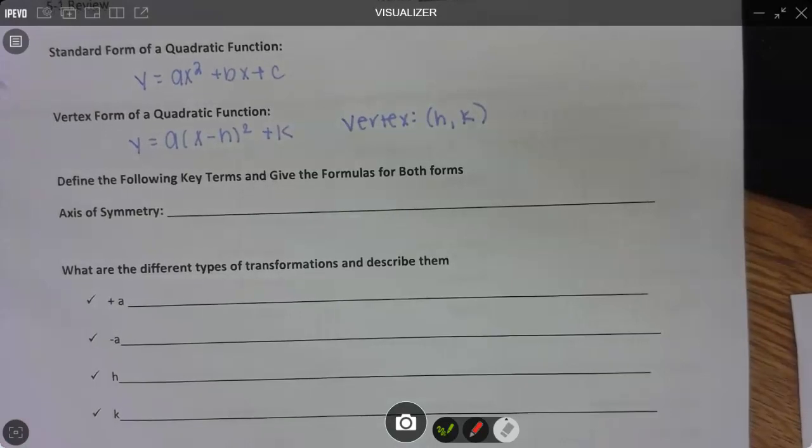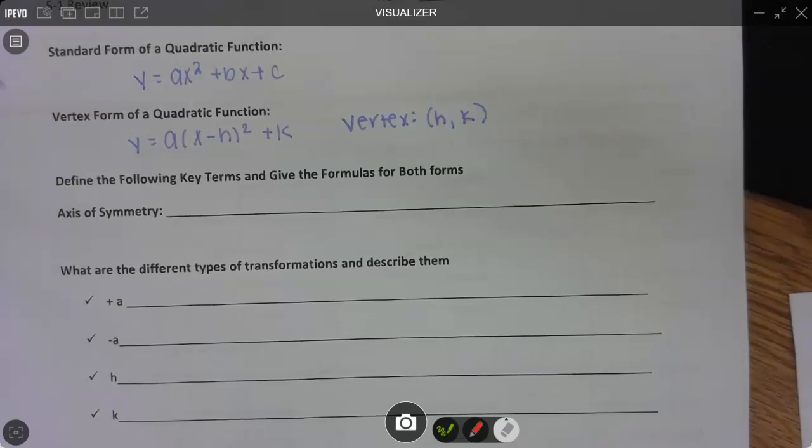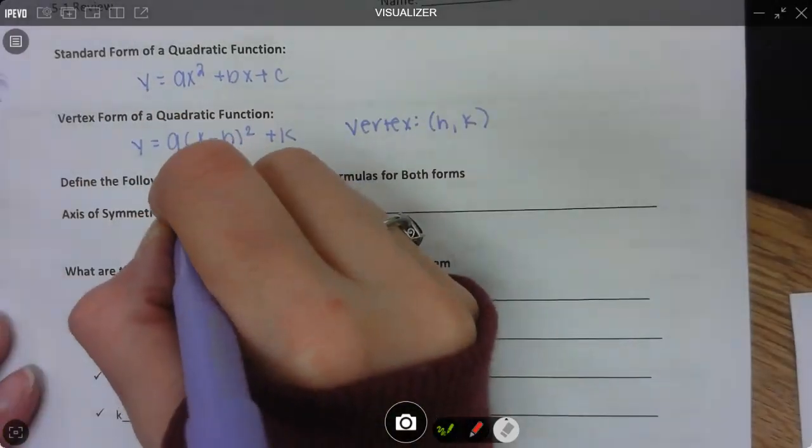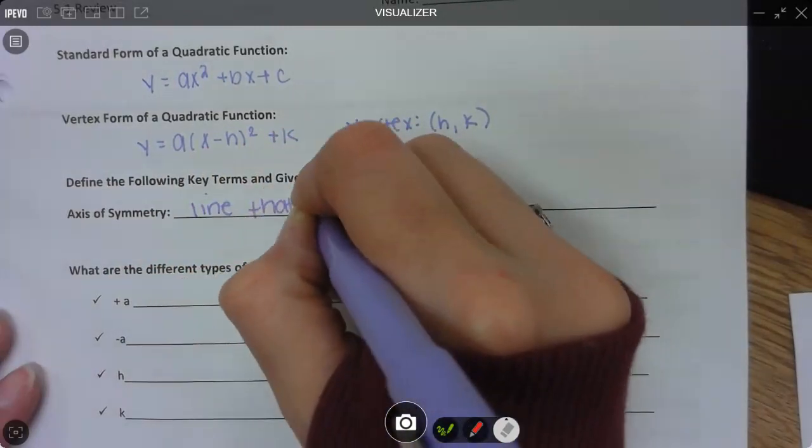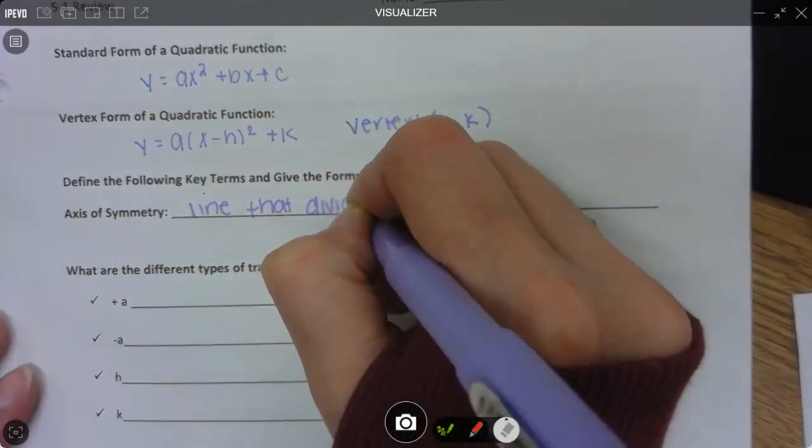The vertex in vertex form is easily seen. That's where it gets its name from. The axis of symmetry is the line that divides the quadratic into two mirror images.